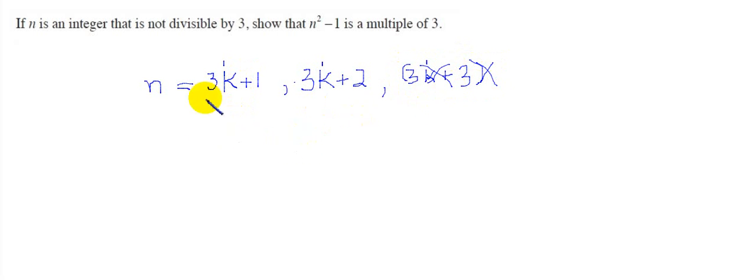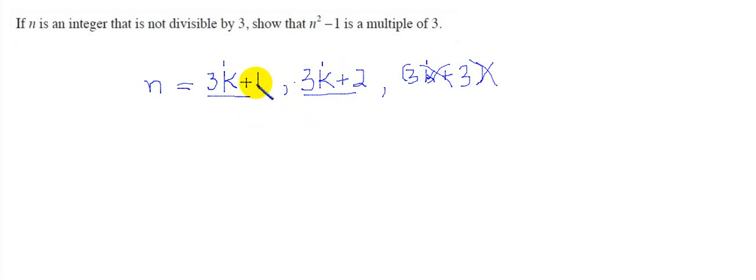Now moving on, I'm going to do something about these two. They're asking us to show that n squared minus 1 is a multiple of 3. I'm going to show that n squared minus 1 is a multiple of 3 by using these two values of n.